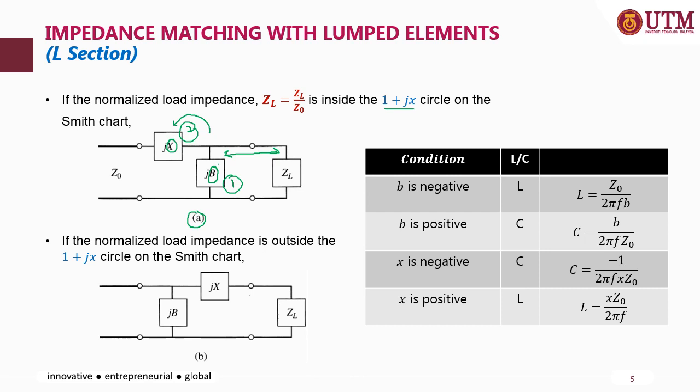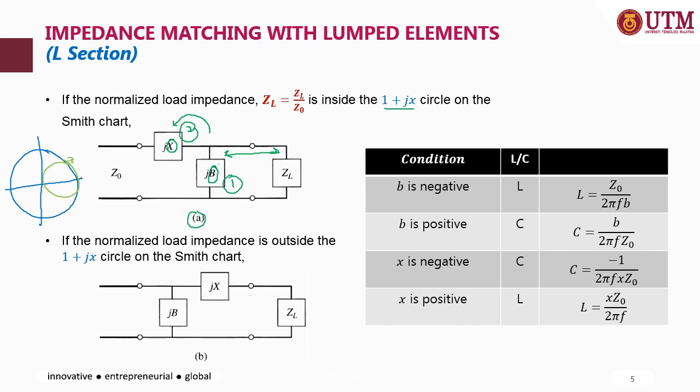Since we are using the Z chart, you need to rotate the impedance chart to indicate the admittance, right? So this is the reflection on the Smith chart. You have the 1 plus jx for admittance here.